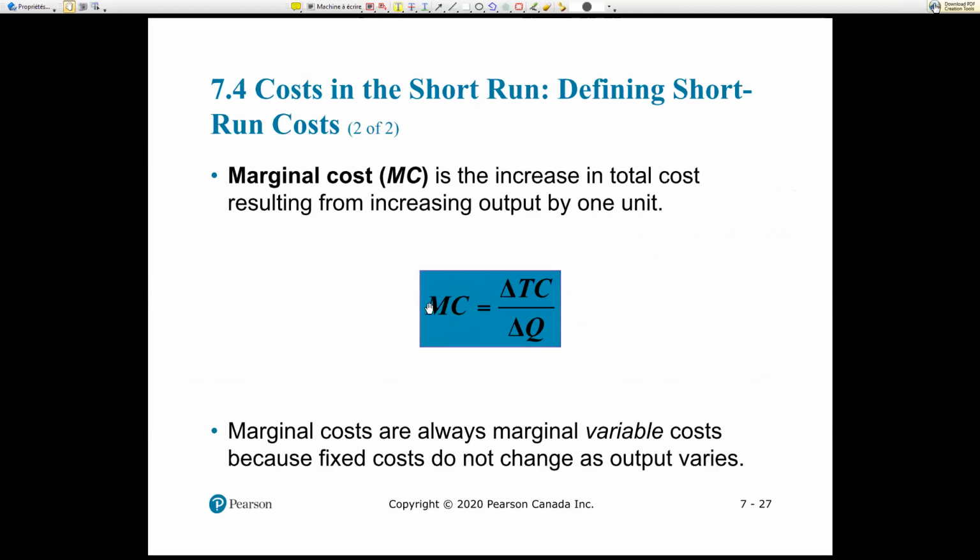So how much do I have to pay if I want to increase my output? Using the McDonald's analogy, how much will it cost to increase my number of Big Macs by 1 unit, my production?